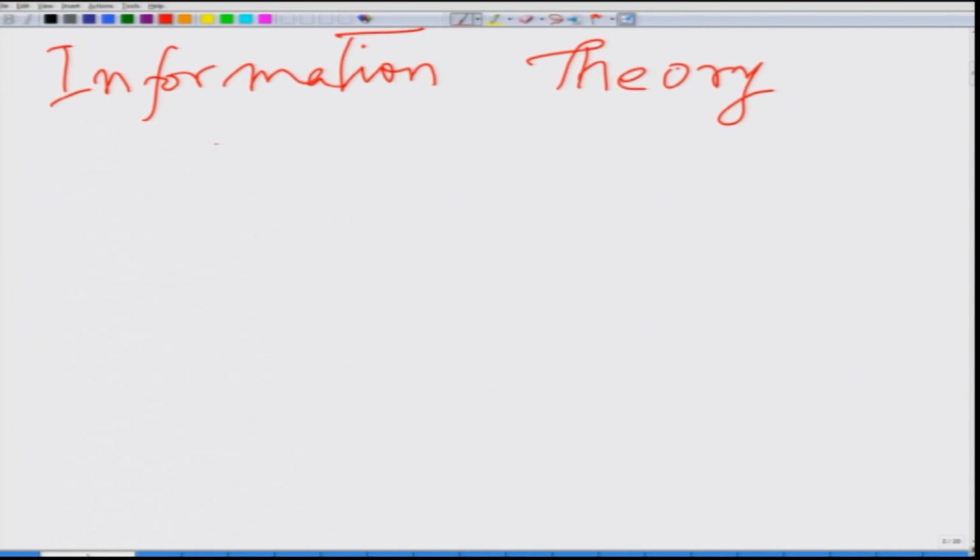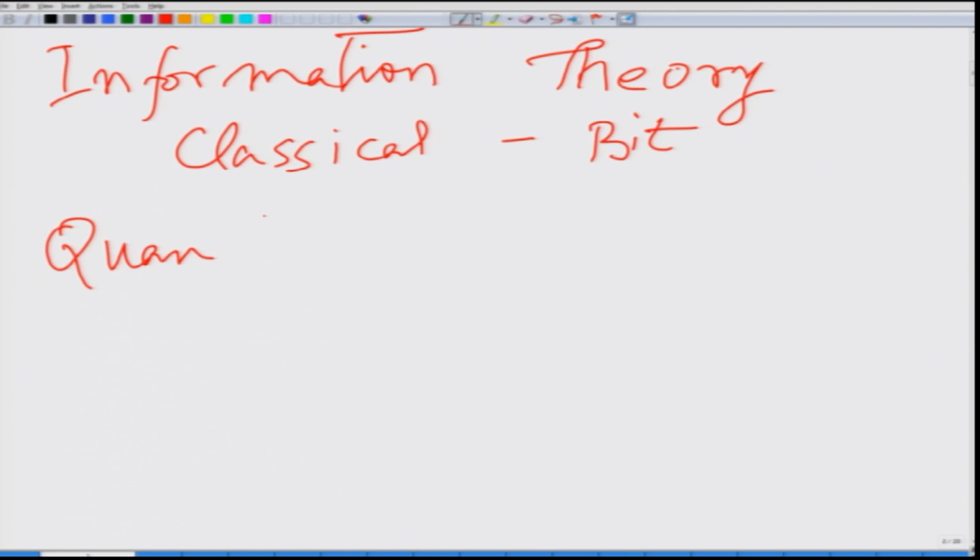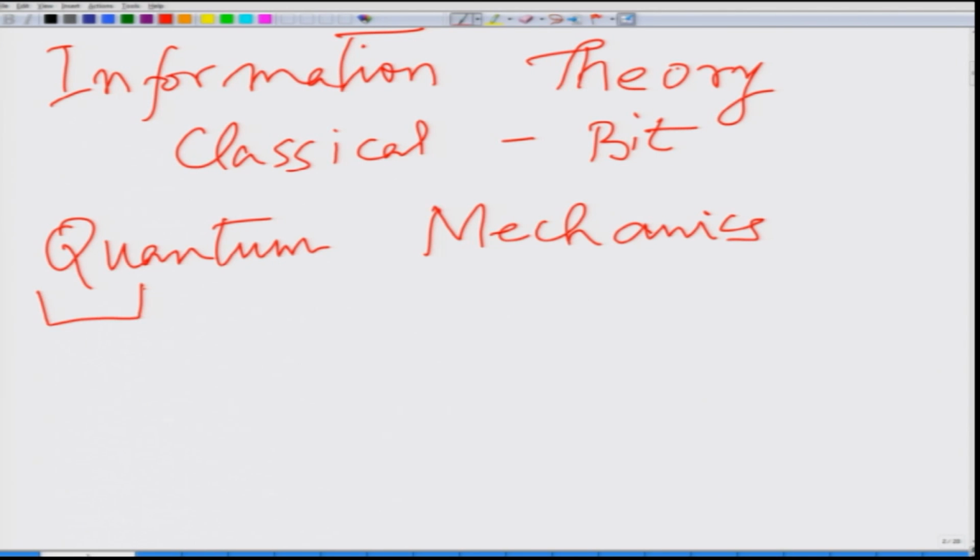Currently in the classical form, all the information is stored as bits, whereas when we move over to quantum mechanics, we will borrow the letter q from quantum and make this a qubit.